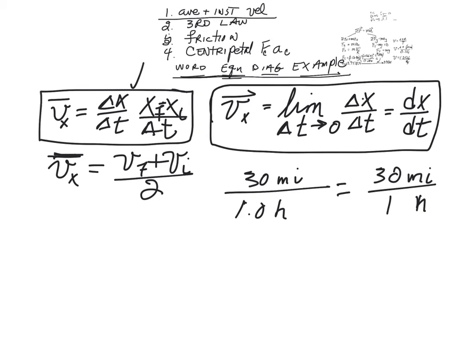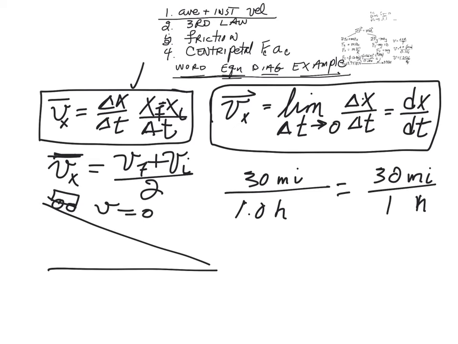Obviously, the instantaneous velocity, which is what the speedometer reads at any instant, is going to be quite different at every instant during that time. Or use an example from lab. When the cart goes down the track, it starts at a velocity of 0. It has an average velocity, say, of 40 centimeters per second.